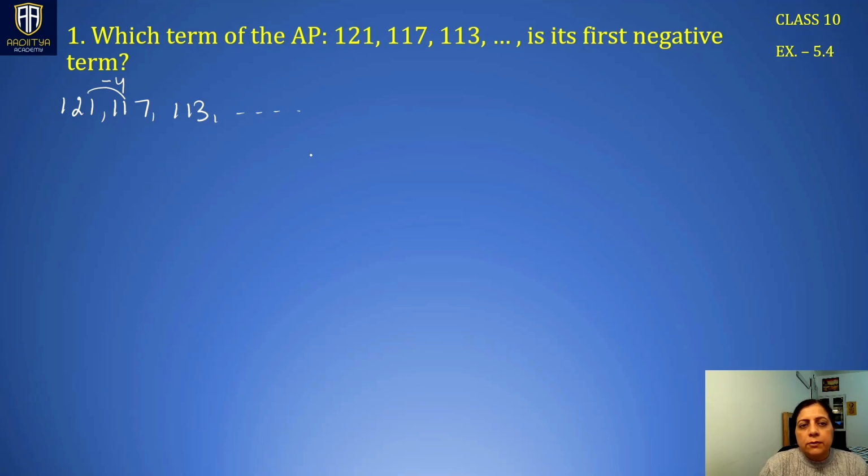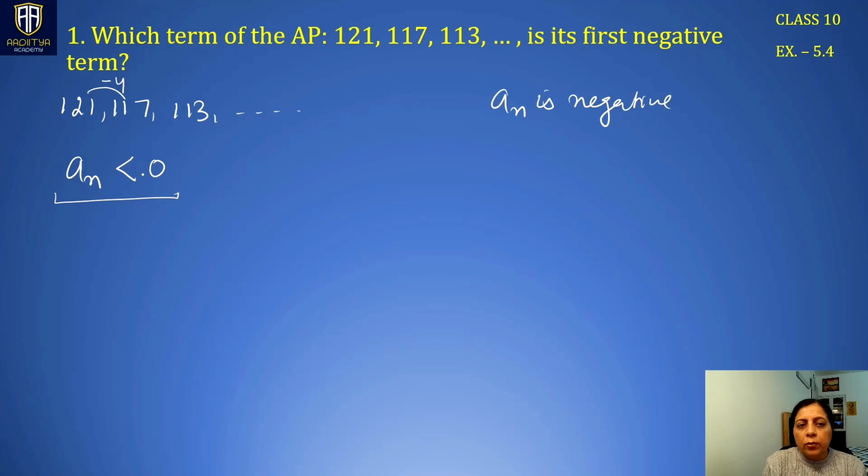That means an has to be negative. We cannot equate an to a particular number because the value is not given to us. The only thing is the value of an should be less than 0.